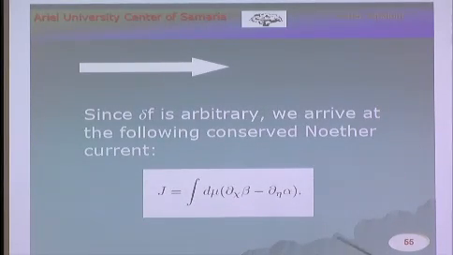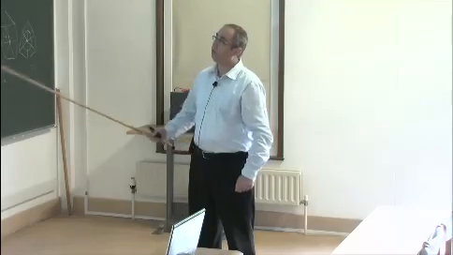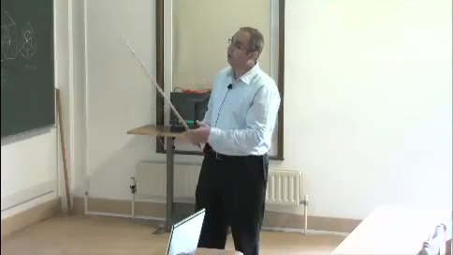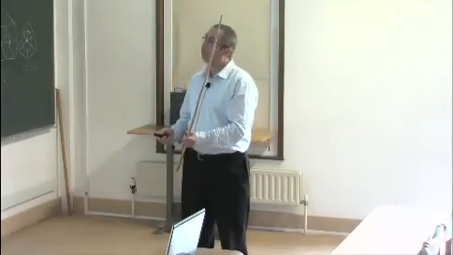So since delta f is arbitrary, we arrive at the following conserved neutral current, which is given here in terms of beta and alpha.